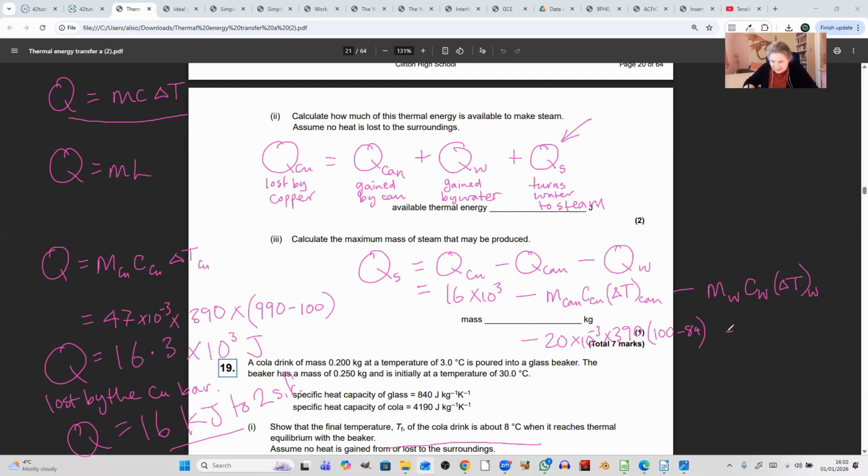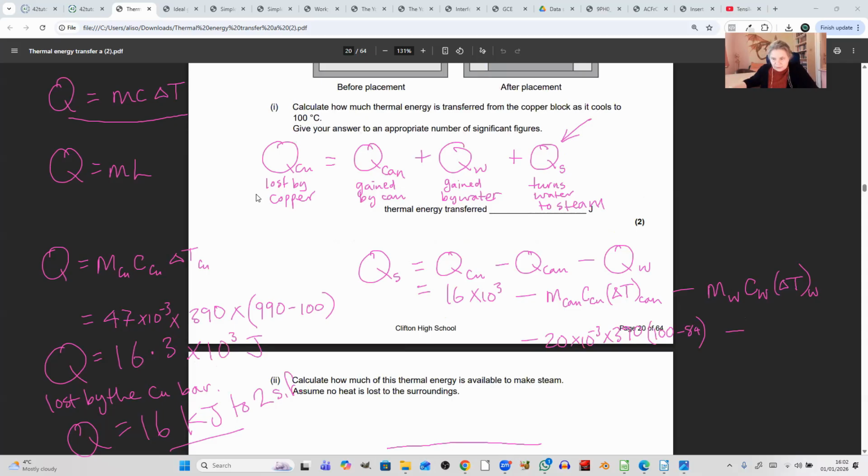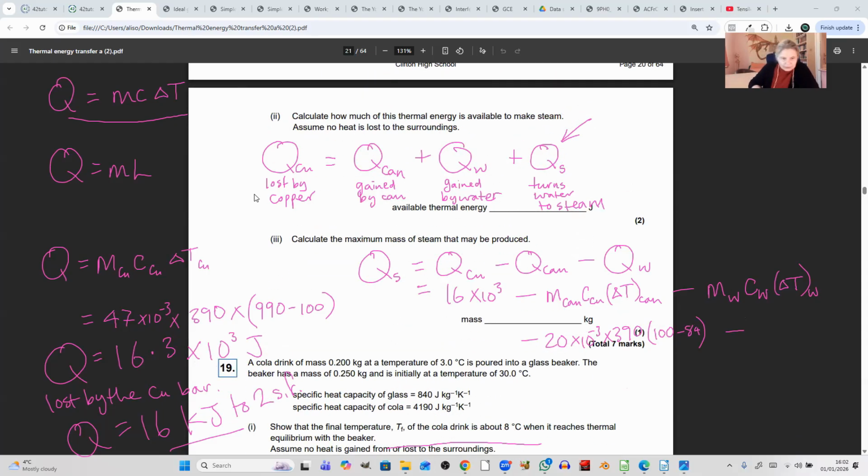And then we're going to take away the mass of the water. I can't remember how much water there was. Was it 50 grams? Yeah, 50 grams of water. So we've got 50 times 10 to the minus 3 times 4,200 times, and the temperature change for the water again is 100 minus 84.